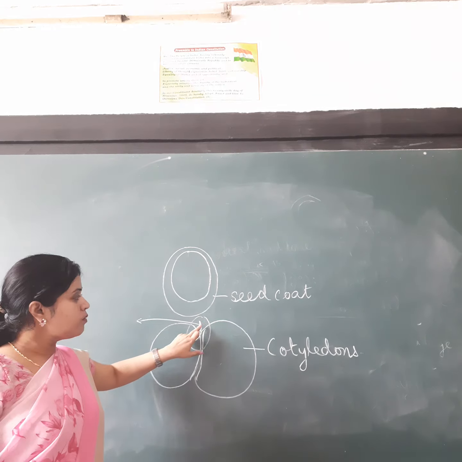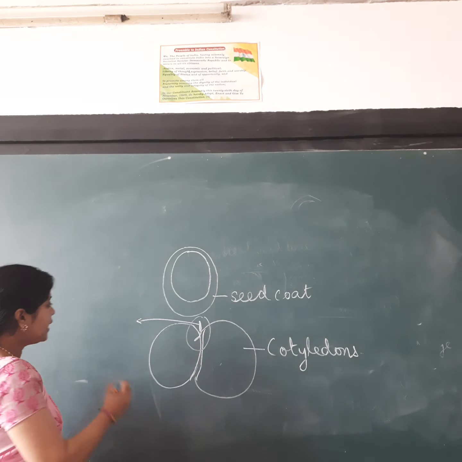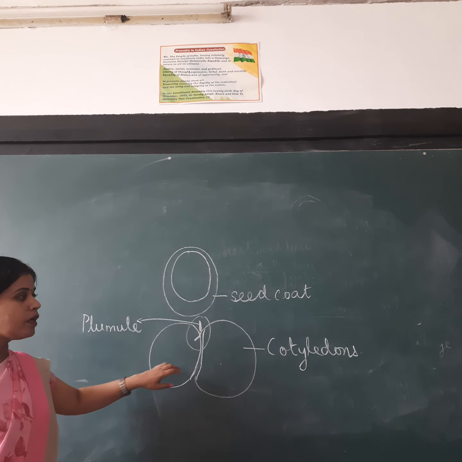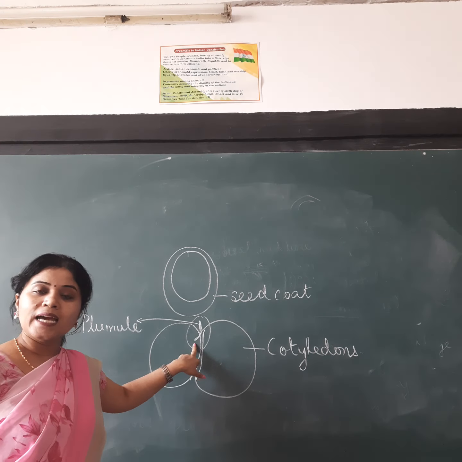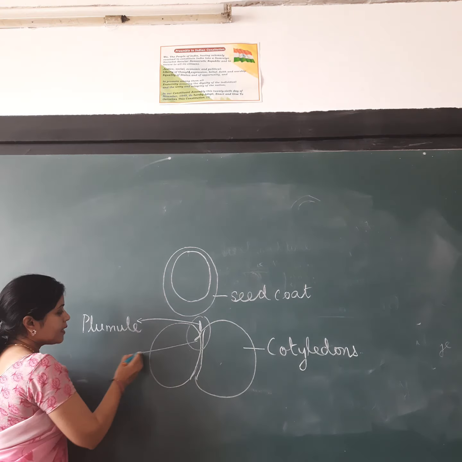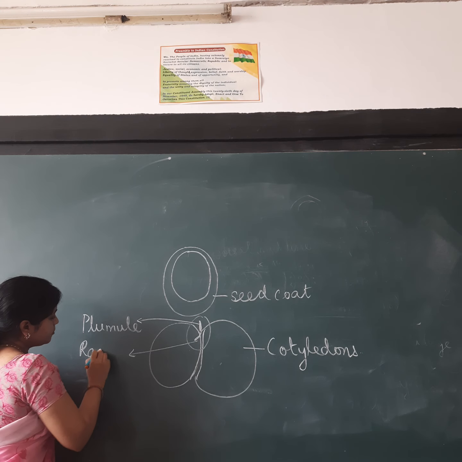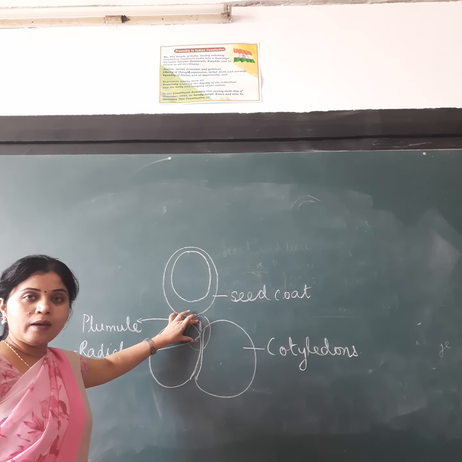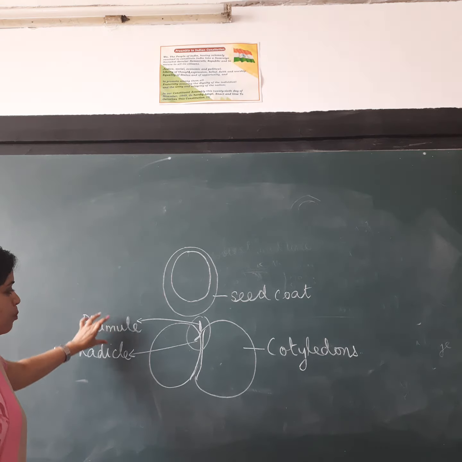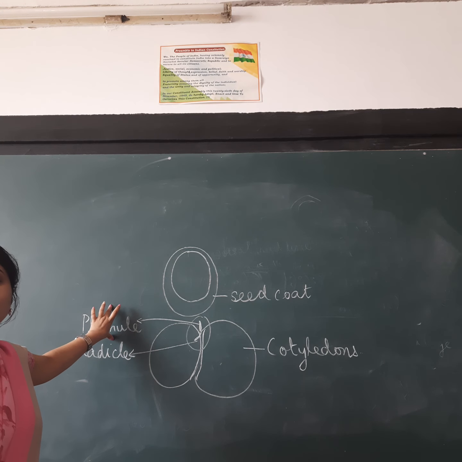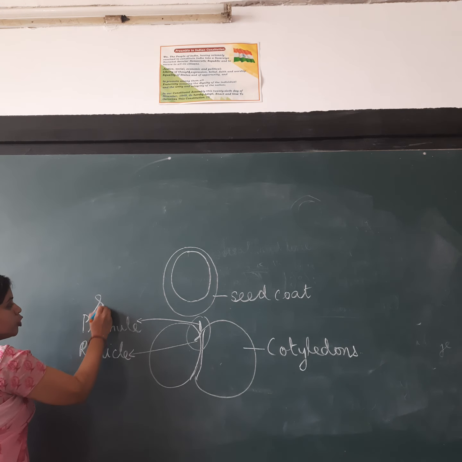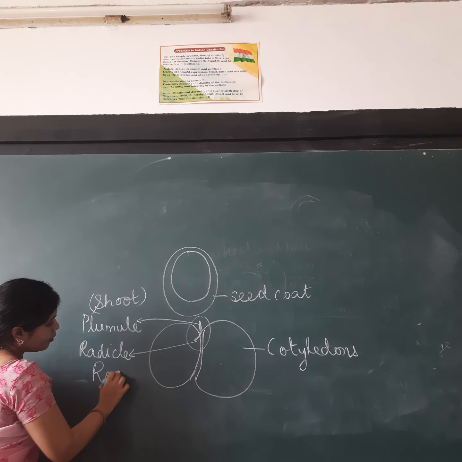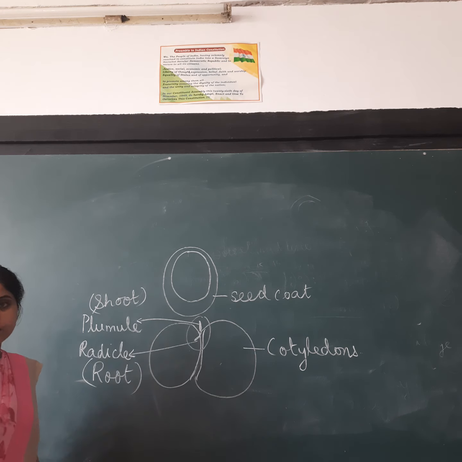The portion at the top of the seed is called the plumule, and the part at the bottom is called the radicle. The plumule will develop into the shoot and the radicle will develop into the root.